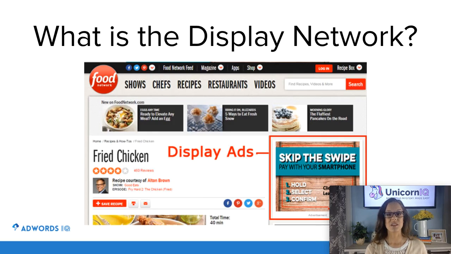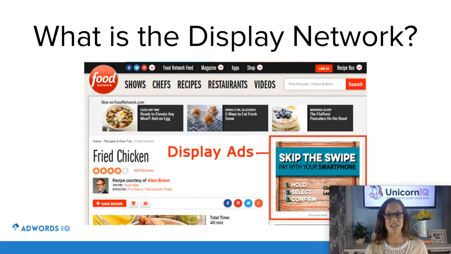And just to give you guys a couple quick stats here, the display network supports and reaches over 90% of global internet users. So it's a huge amount of inventory there, because it's 90% of the users on the internet that you can reach. So it expands across over 2 million sites. So a lot of inventory there. You pretty much don't have to worry about that being an issue.